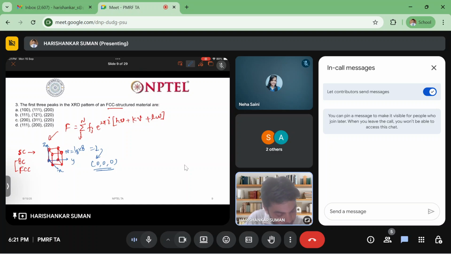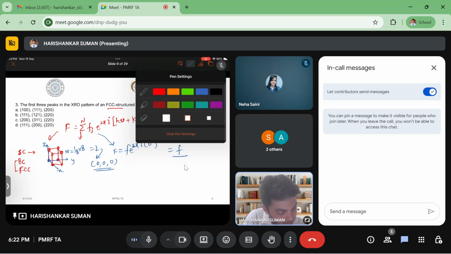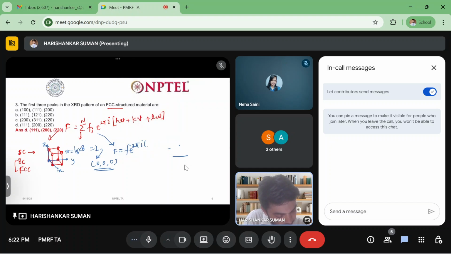Now we can calculate the structure factor. Only one atom, so the summation has only one term, and the phase is 0, so F equals f. Let me comment on it.